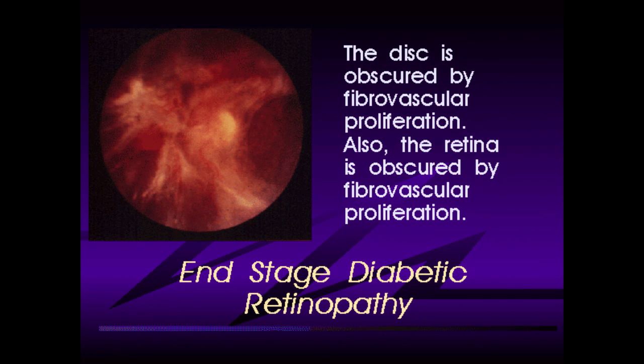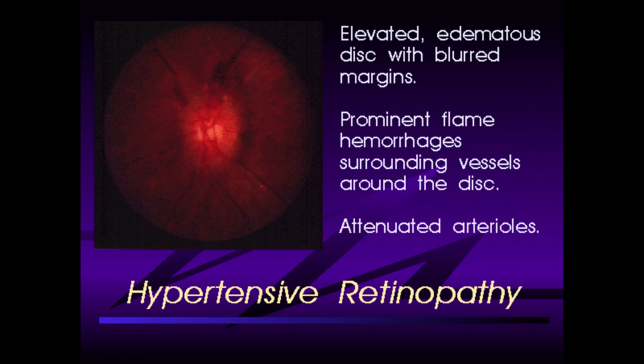End-stage diabetic retinopathy will demonstrate marked to complete retinal and disc obscurity by fibrovascular proliferation, and none of the retinal landmarks are visible. An elevated edematous disc with blurred margins is characteristic of hypertensive retinopathy. Also, you will usually see heavy exudates and inflamed appearing hemorrhages with attenuation of the retinal arteries.